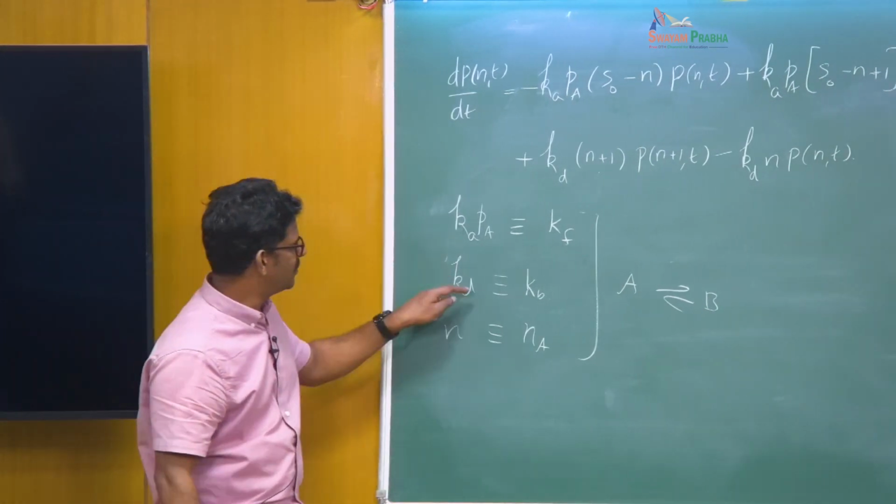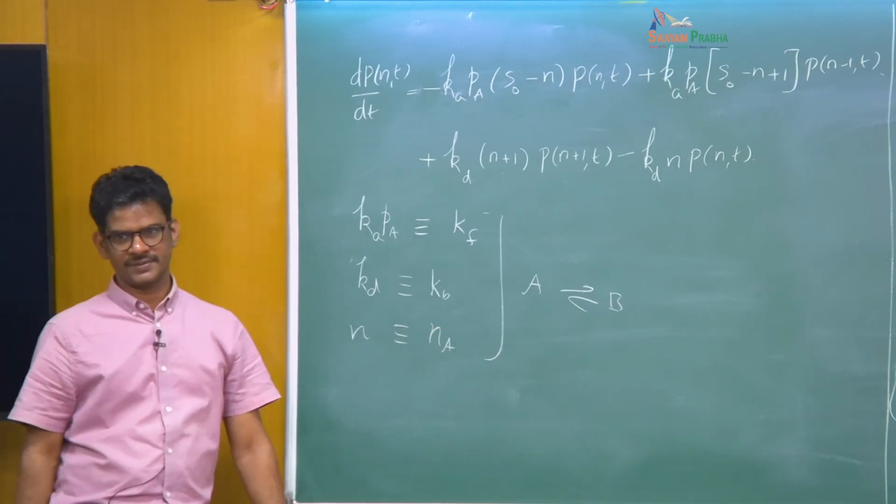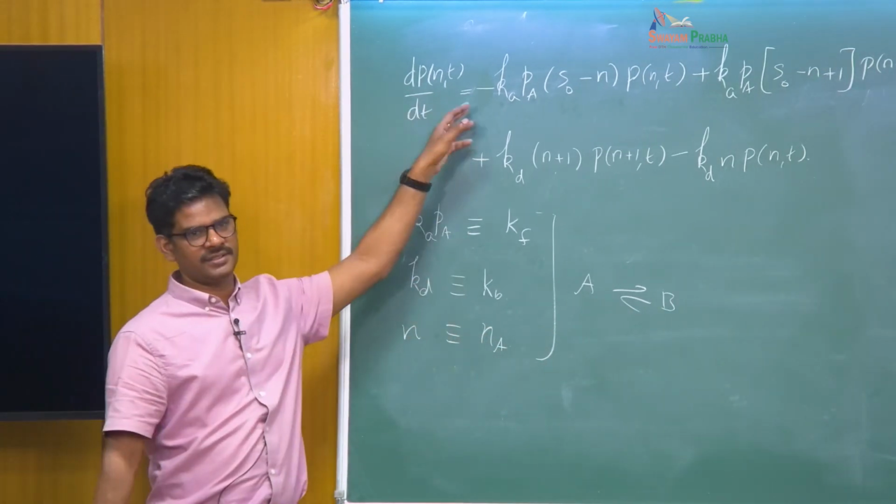So if I replace all these terms by this, you would have got the chemical master equation derived for reversible reactions. Okay, so therefore we can directly write the equations for this.